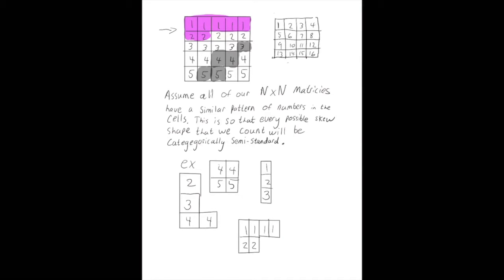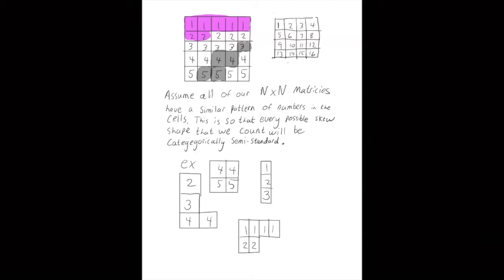For left justified, everything needs to align well on its left side, whereas here, in this gray staircase example, this is not left justified. Everything would have to be aligned on the left. So this is an example of left justified, and this is an example of a non-left justified skew shape. We're not going to count this.